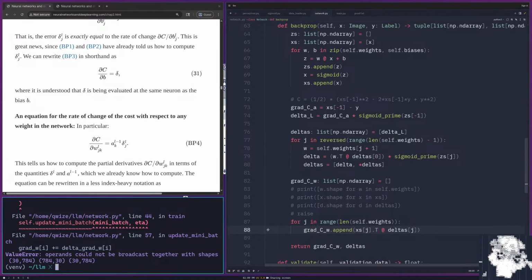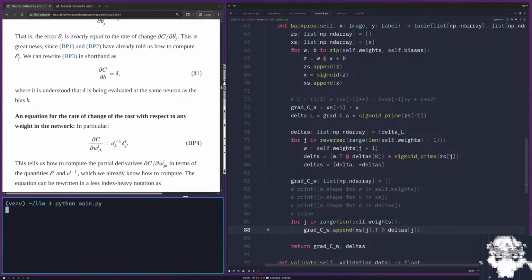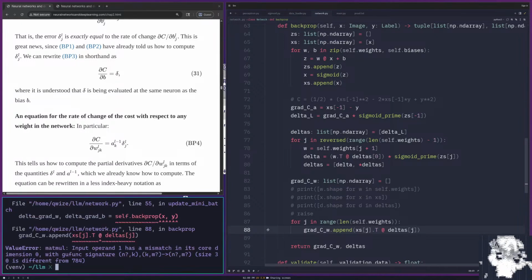Is this what will do that? No, this will just give a number, won't it? If I do .T here, and then I put this on the other side.